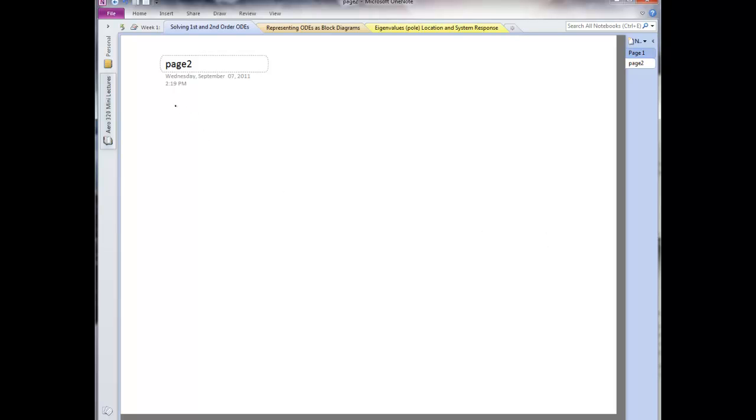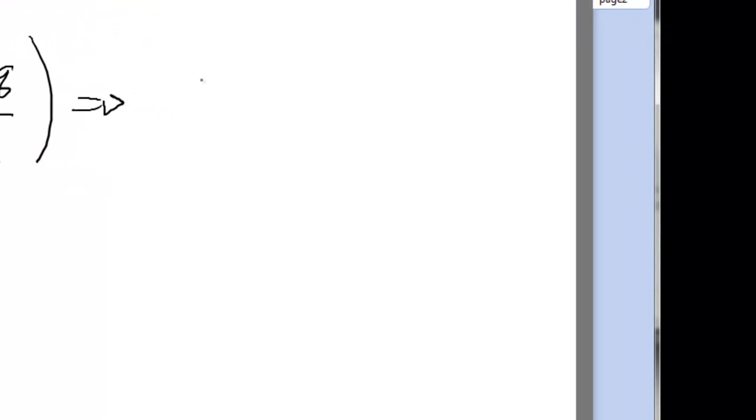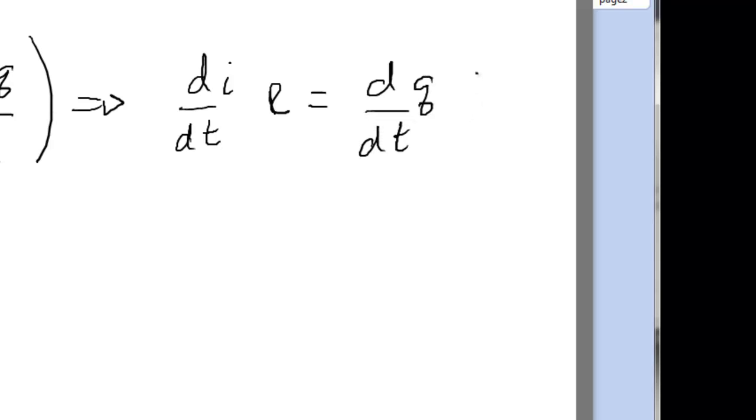So using those two together, create a new page here, we can then say that, all right, so this is using the relationships for voltage and capacitance and resistance, then that IR is equal to Q divided by C. And I can take the derivative of both sides of this whole thing, and I end up with d by dt of the current times the resistance is equal to d by dt of the charge times 1 over the capacitance.